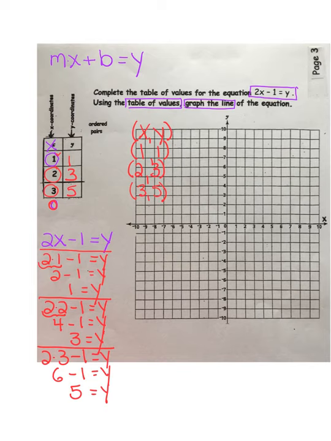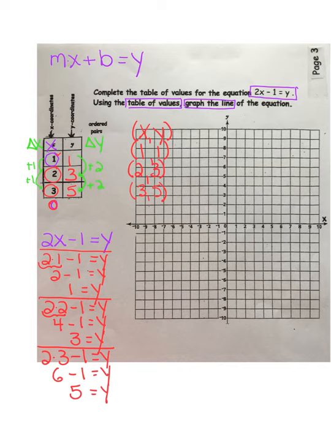Before we plot these 3 points, let's take a look at our delta y to see how our y values are changing, and our delta x values to see how our x values are changing. If you look at your y values, we are obviously increasing each and every time by 2. And if you look at your x values, you can see each and every time we are increasing by 1.